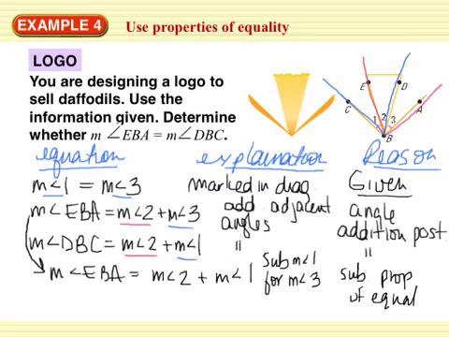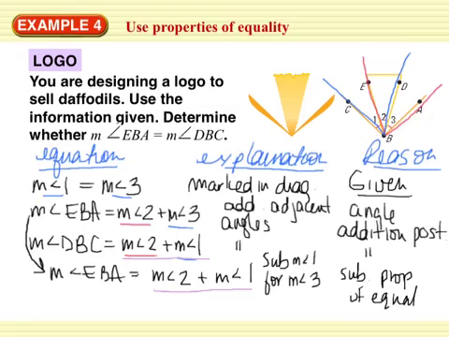Now if we look, I have the measure of angle EBA is measure of angle 2 plus measure of angle 1. The measure of angle DBC is the measure of angle 2 plus the measure of angle 1.